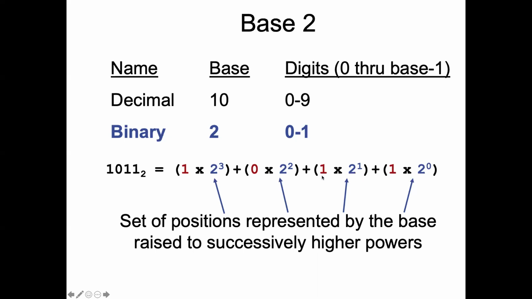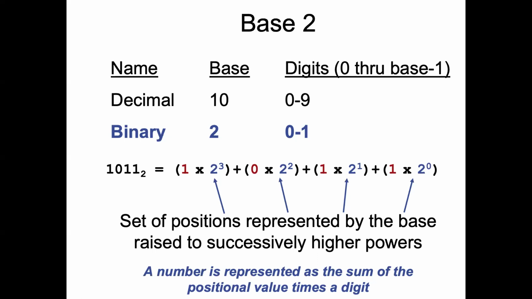This second lowest order 1 is worth 1 times 2 to the 1st. Now there's a 0 in this next position. It's worth 0 times 2 squared, or 0 times 4. If there was a 1 there, it'd be worth some non-zero value. And this highest order 1 is worth 1 times 2 cubed, which is just another word for 8.